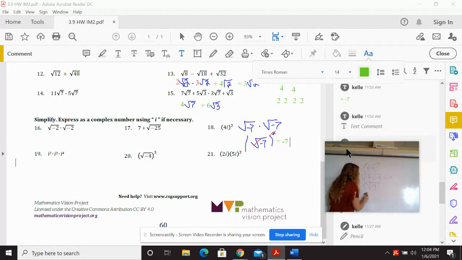These cancel each other out, so that's just negative 9 times the square root of negative 9. So that's negative 9 times 3i. Then you can multiply those together and you get negative 27i. So you get the same thing.